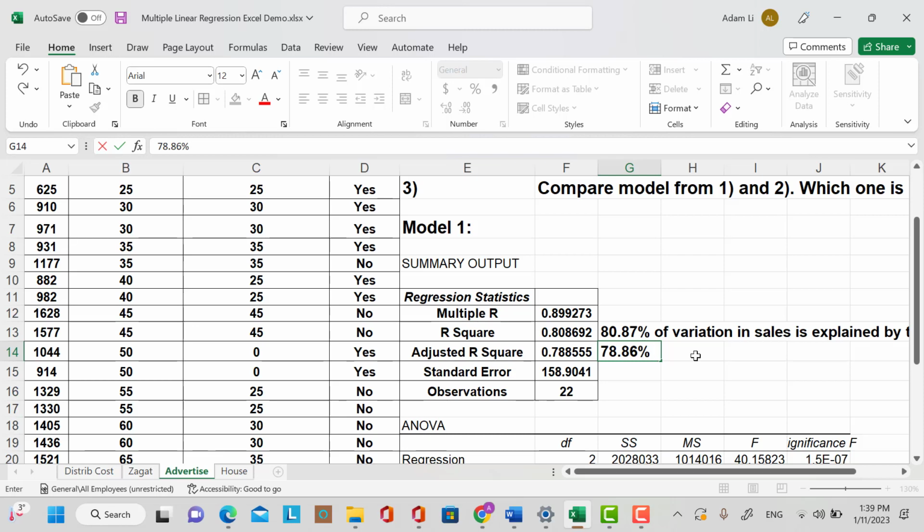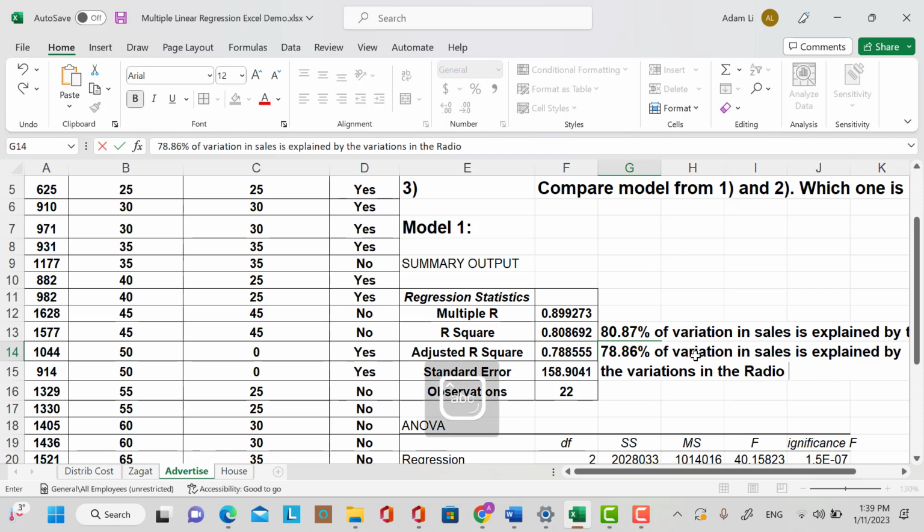I will post this solution in our Blackboard course under the corresponding folders, so you can just pay attention to this Excel demonstration here. Sales is explained by the variations in the radio advertising and newspaper advertising spending.